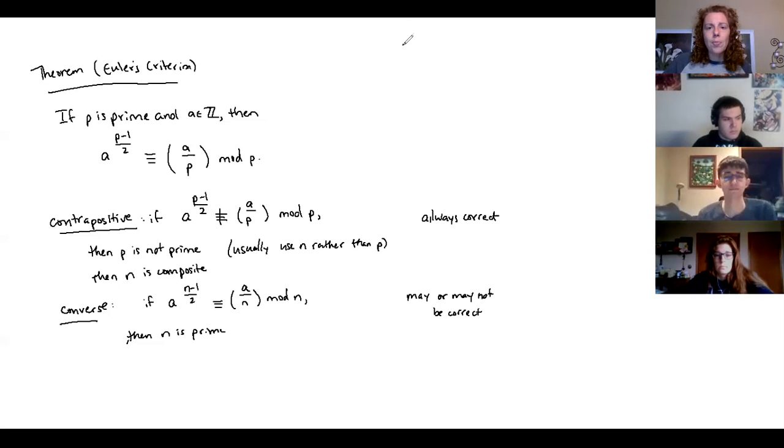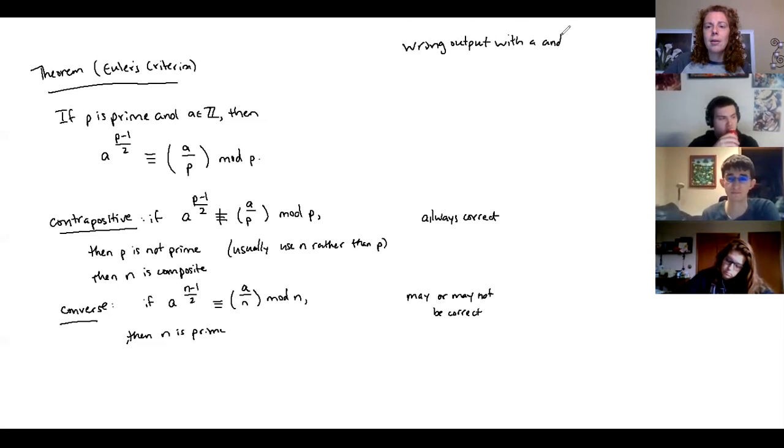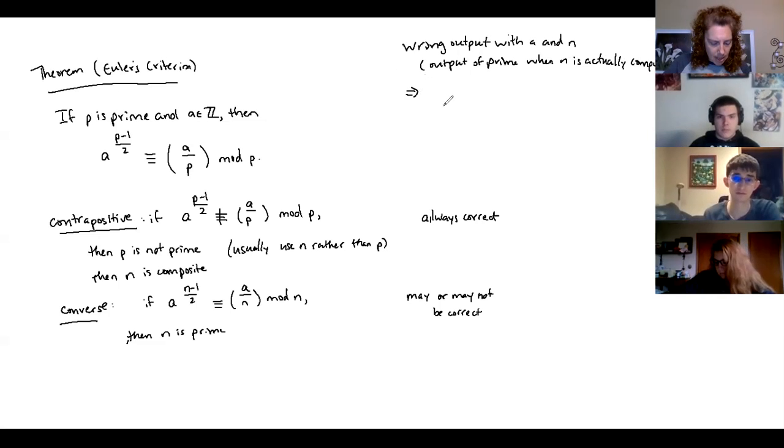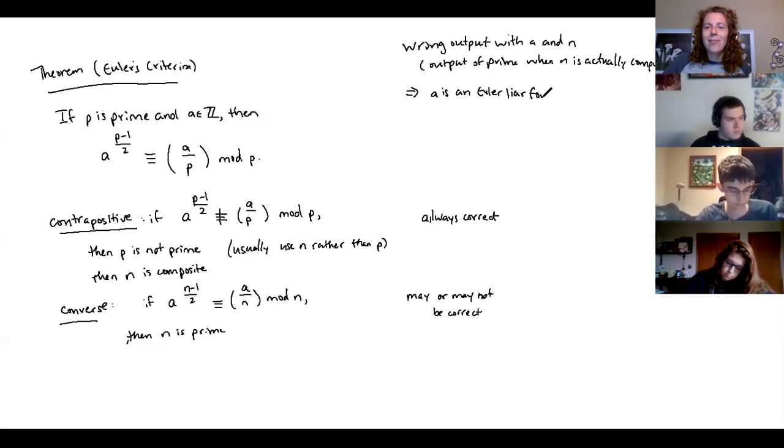And if you get a wrong output with A and N, in other words, if you get an output of prime when N is actually composite, then the terminology is that A is an Euler liar for N.